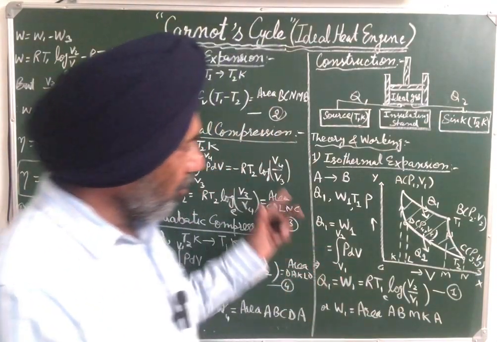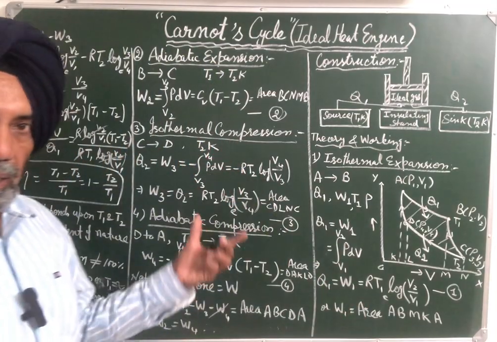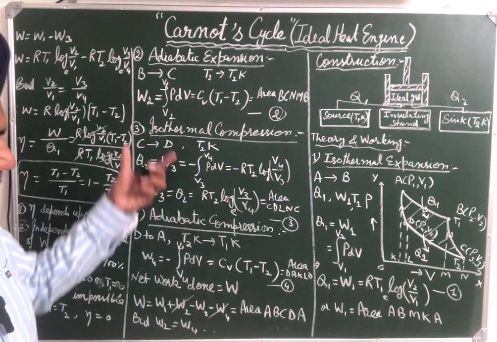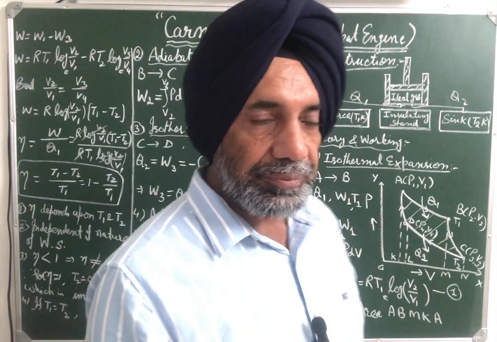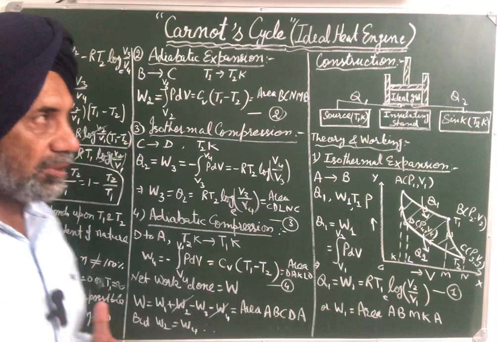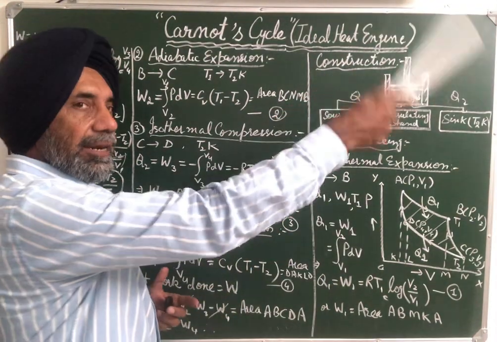So we have completed 4 processes: isothermal expansion, adiabatic expansion, isothermal compression, then adiabatic compression. Then the net work done during the complete cycle. This process is repeated again and again.